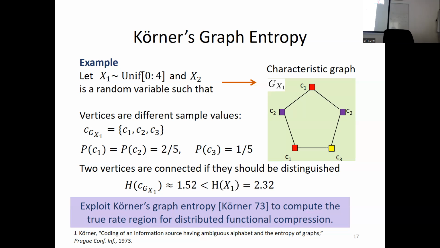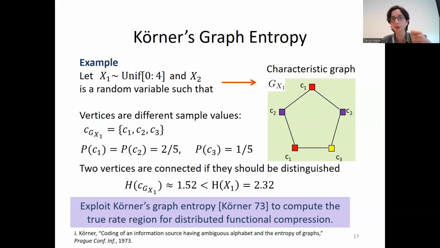These will have a distribution 2 by 5, 2 by 5. And this yellow color will have a probability 1 by 5. When I evaluate the entropy of this coloring, I obtain 1.52, which is less than the entropy of the original source, log 2 of 5, right? So this is a simple way to understand the savings that we can obtain using a graph entropy approach.